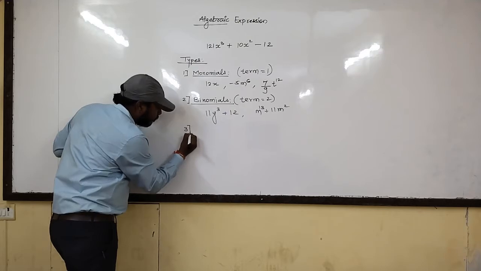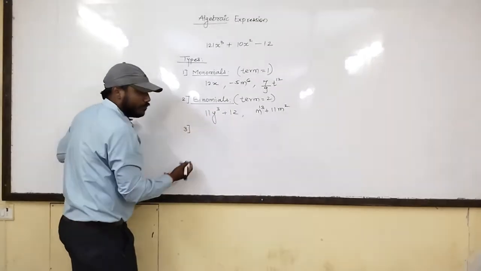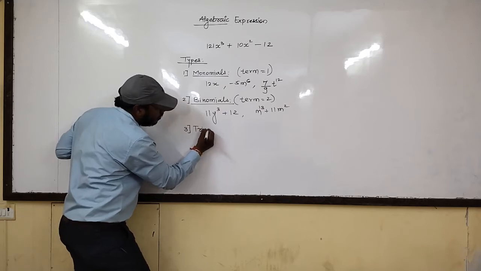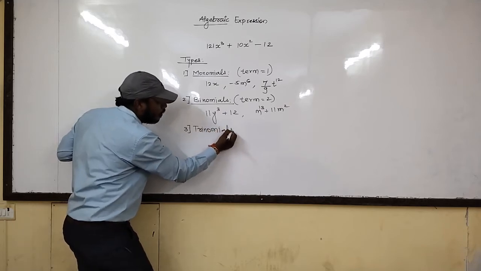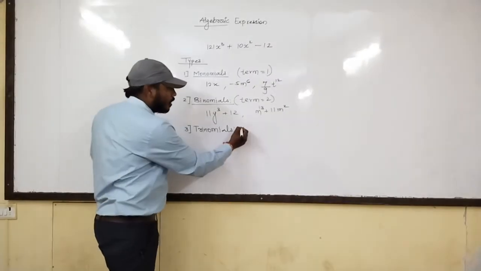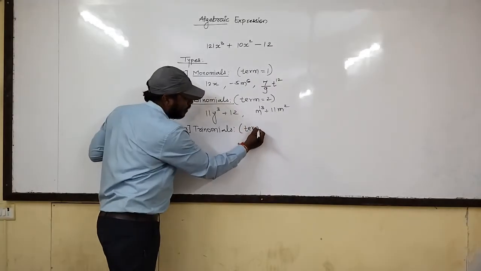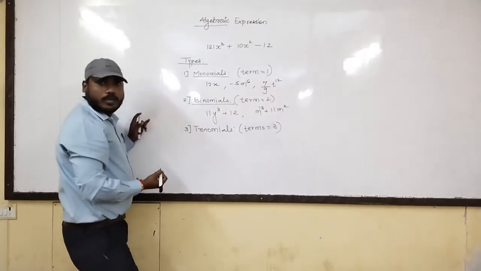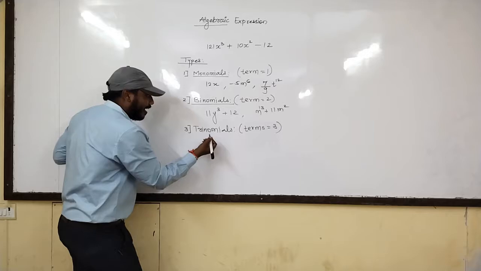Next is the trinomial. When we talk about trinomials, the number of terms is equal to 3. Understood? Very simple.